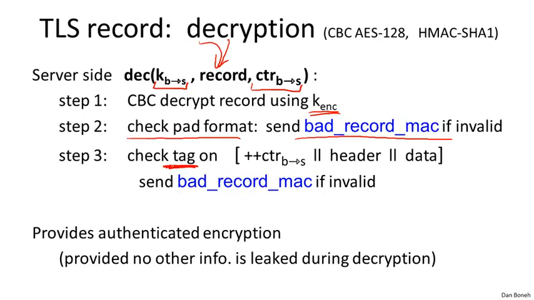And then it's going to verify the tag on the header, the data, and its value of the counter. If the MAC doesn't verify, again, it's going to send an alert, bad record MAC, and tear down the connection. And if the MAC does verify, it's going to remove the tag, remove the header, and the remaining part of the record is the plaintext data that's given to the application.